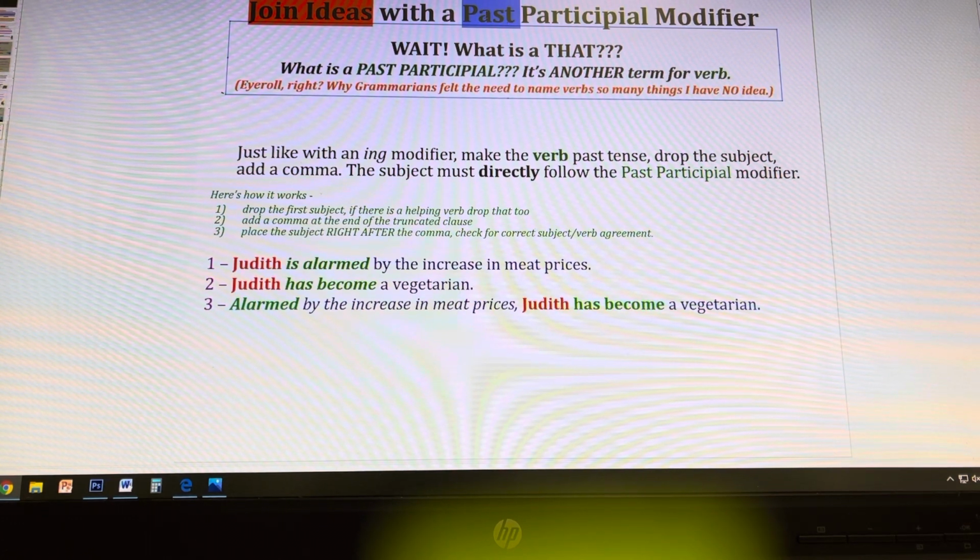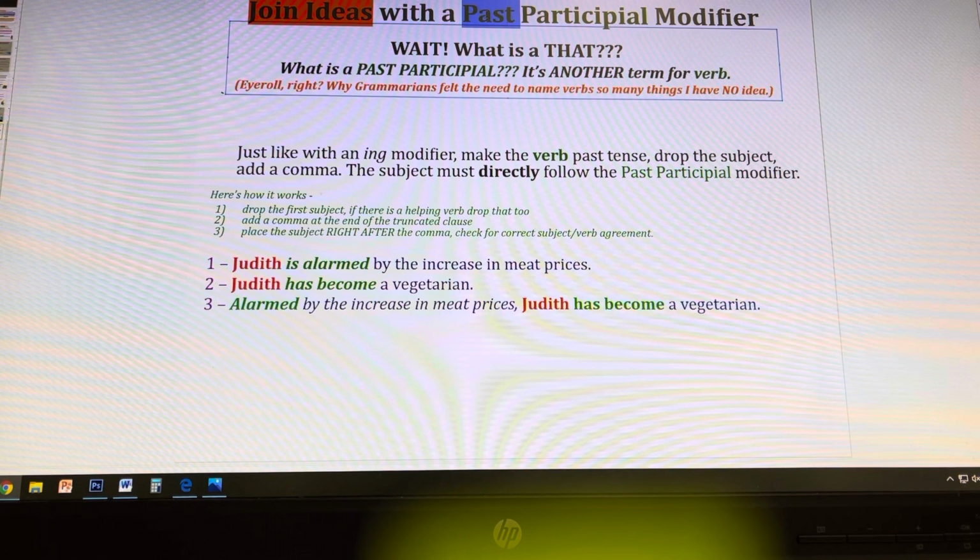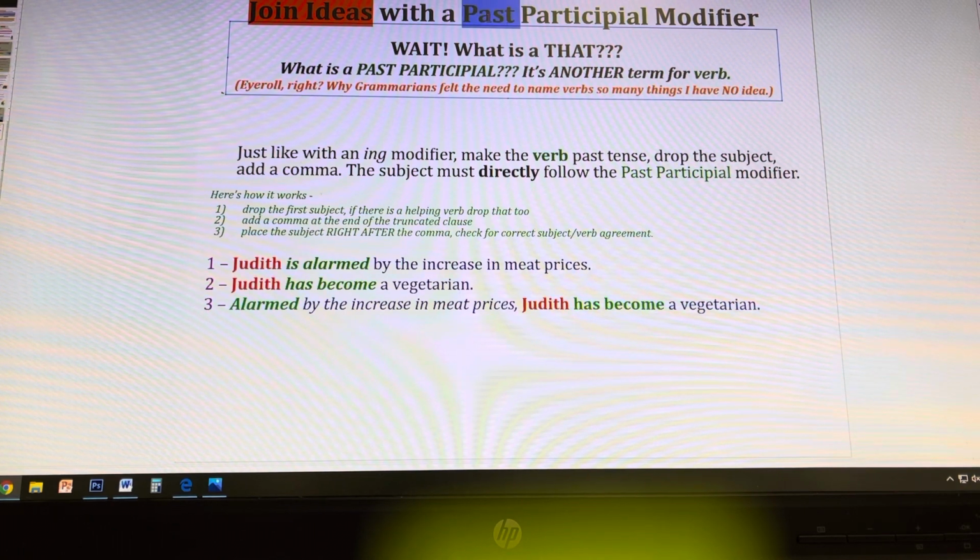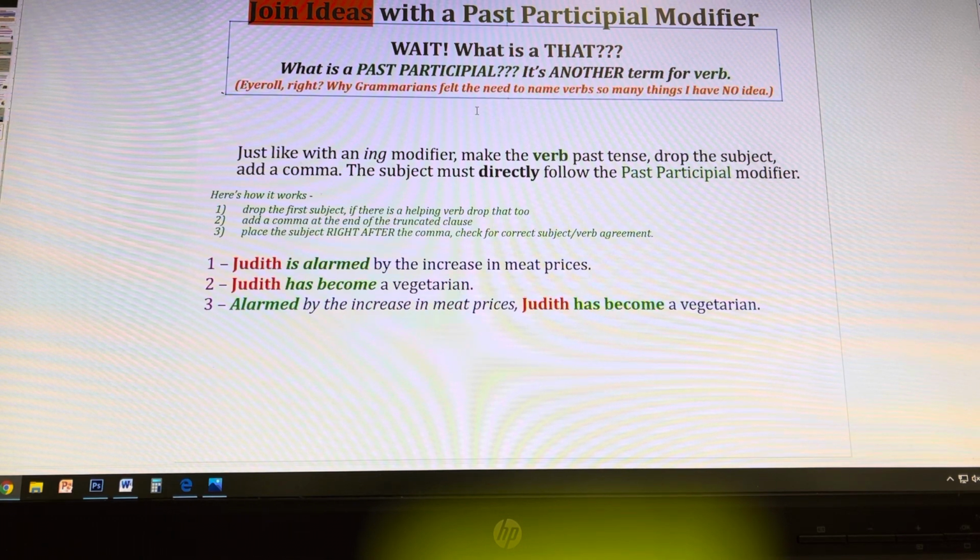Now, why did they not call it the ed participle modifier? Sometimes past tense is not ed. So in this case, we're going to make the verb a past tense verb as opposed to an ing verb. We're going to do the exact same thing though. So the process is not different.